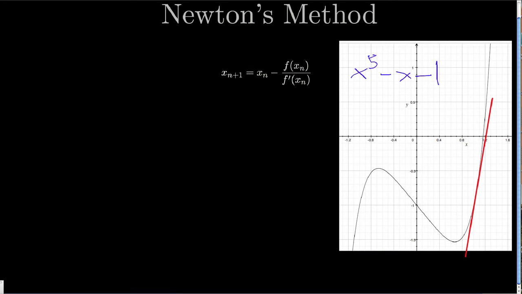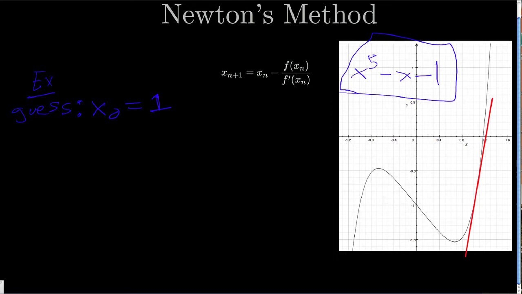Okay, so let's actually do an example. We're going to do this function right here, the one that we've been using. You always start off with a guess, so your first guess is going to be x sub 0. Let's use 1. Then just plug it into the formula.